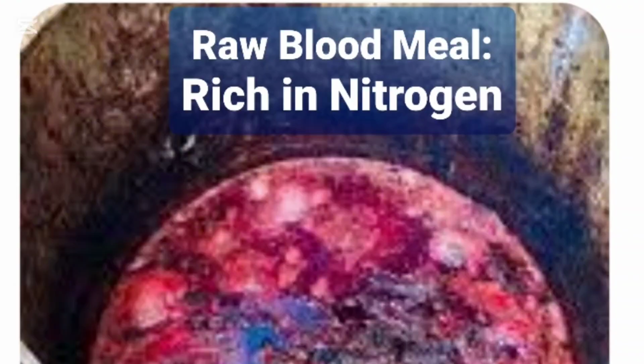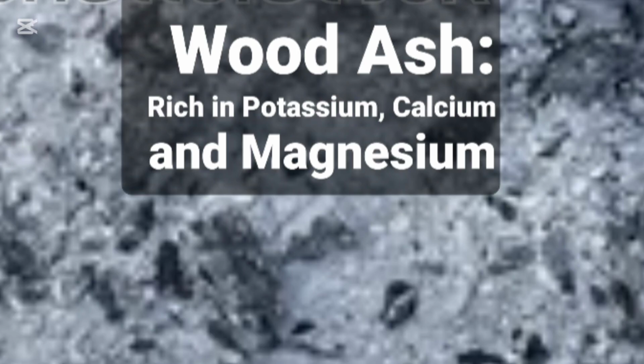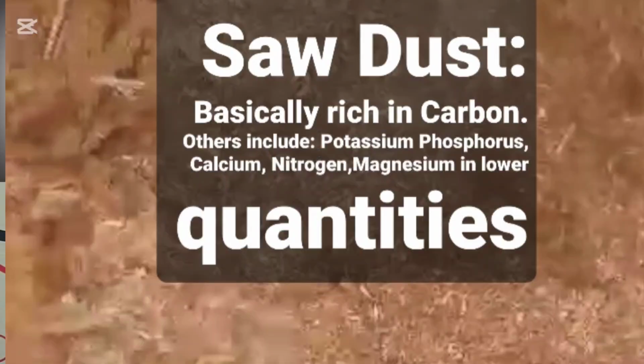The last manure we'll be forming today is the combination of sawdust, blood meal, bone meal, and wood ash, ash from the wood. When we talk about sawdust, it contains basically carbon and is very useful for the restructuring of the soil.